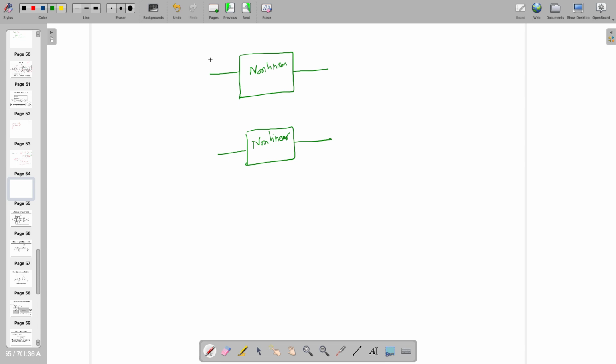If this input is X, we are not going to call this one X, but we are going to call it minus X. And let's call this one Y and this one minus Y. When we are doing this, by the way, we are making this a two-phase circuit. Minus X is going to give you exactly 180-degree phase shift, right? If this is sine omega t, plus 180 is going to give you minus sine omega t, right?